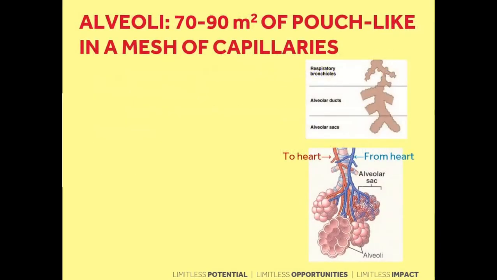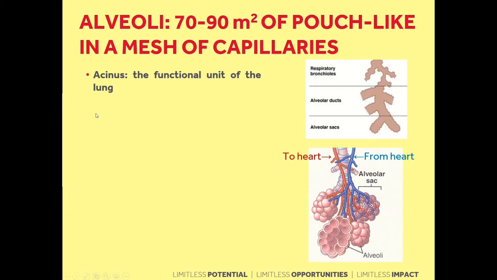In the previous video, we were talking about the alveoli. And what are they? Well, these are pouch-like structures covering a surface of about 70-90 square meters, embedded in a mesh of capillaries.